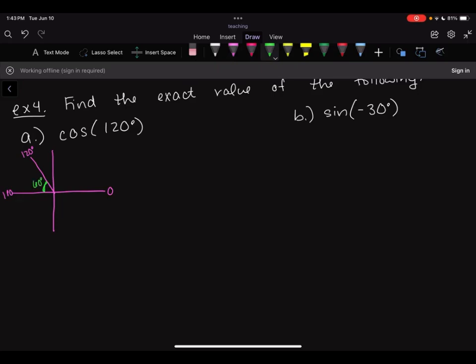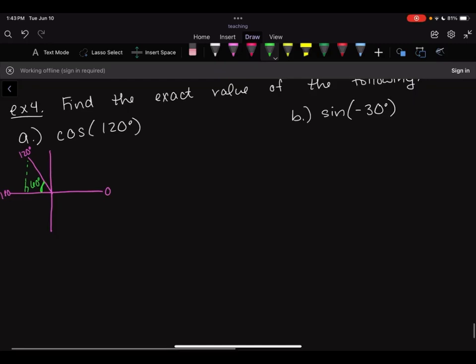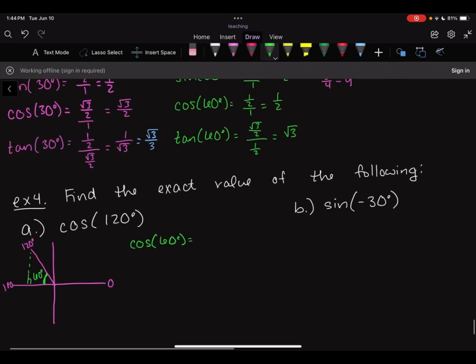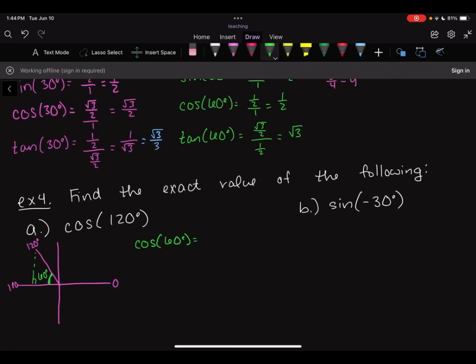So that means that what I'm really looking at is the 30, 60, 90 triangle. If I'm being asked about cosine of 120, I know that it has the same value as cosine of 60. So then I come up here and I say, okay, cosine of 60 equals 1 over 2. So that means that cosine of 120 also equals 1 over 2.